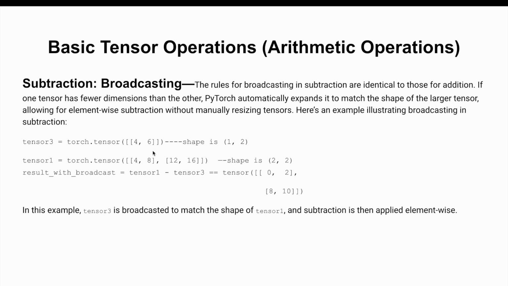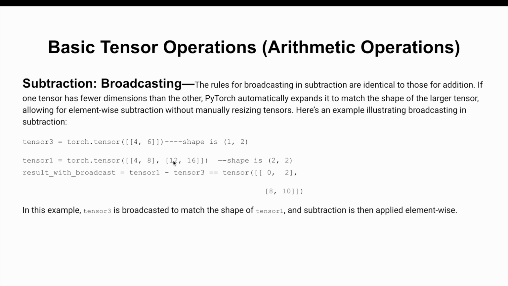Then we do the same thing here. We take the first column, and we also go to the first column in the second row. 4 minus 12 is negative 8.